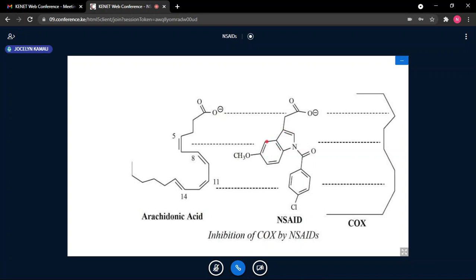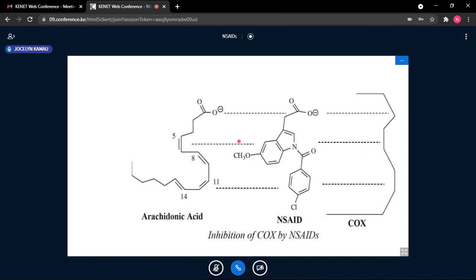It's a heteroaryl ring, and it is thought that the area of the arachidonic acid, position number 5 to 8, and the first hydrophobic ring of the non-steroidal anti-inflammatory, let's say, for example, indomethacin, will bind a certain hydrophobic portion found within the COX enzyme.